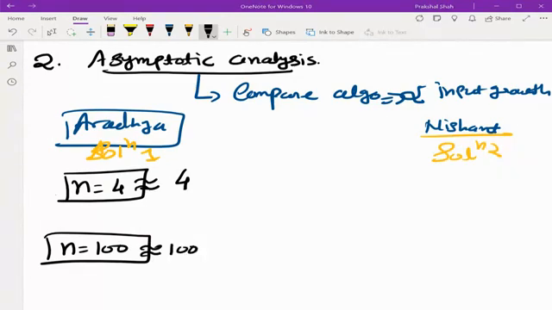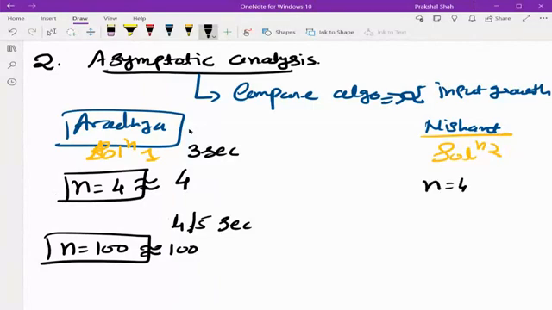Right? Okay. Now for n equals to 4, his algorithm has completed in minimalistic time, let's say 3 seconds. For 100 input, it has taken just 4 or 5 seconds.